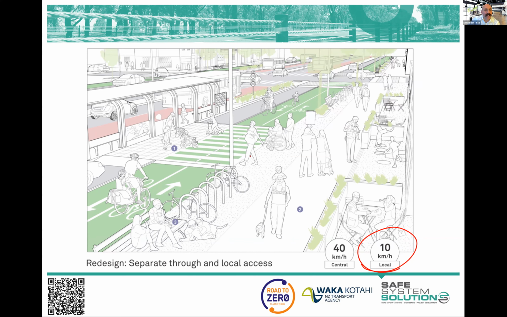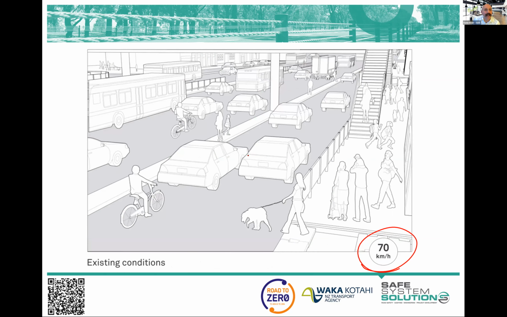Notice crossing points are slowed down with raised platforms. We do have that separation. You can see it's quite a nice space. Very big, wide road corridor, isn't it? But it was big and wide back here as well. It's just you can immediately see the more place value of it.